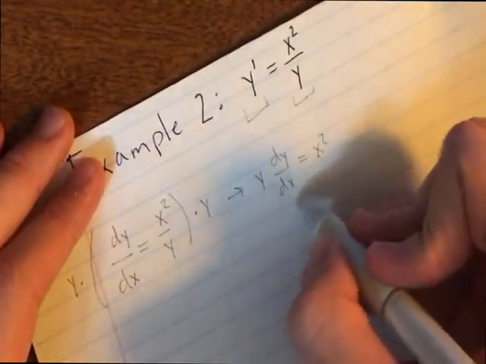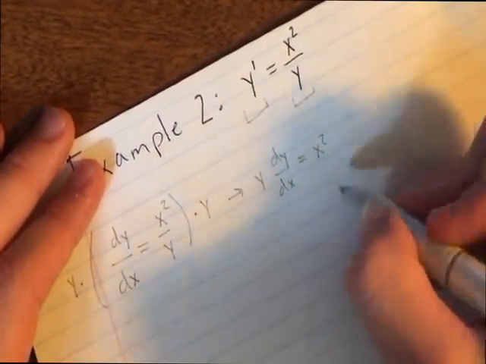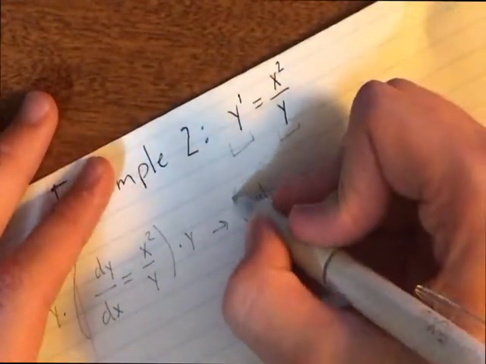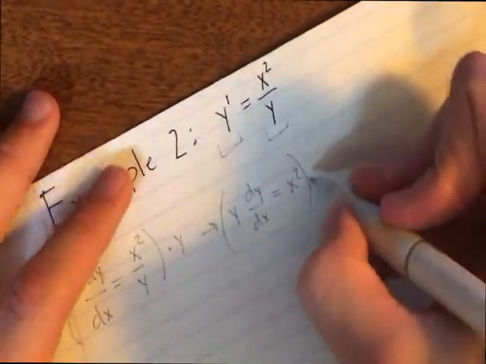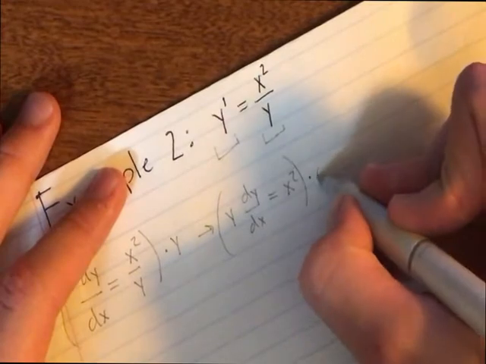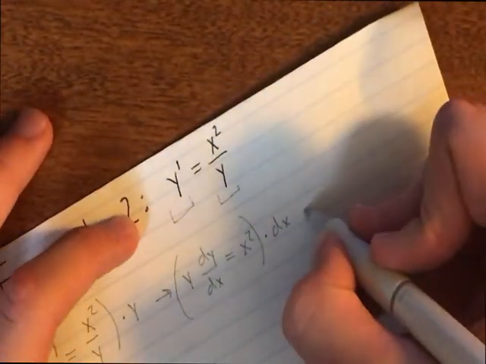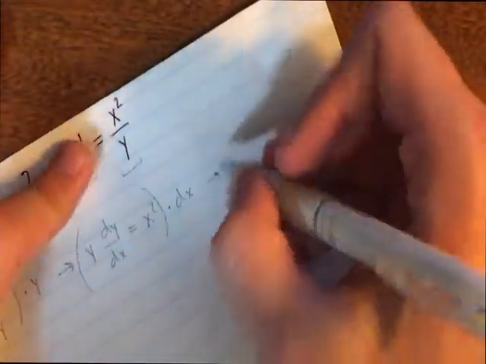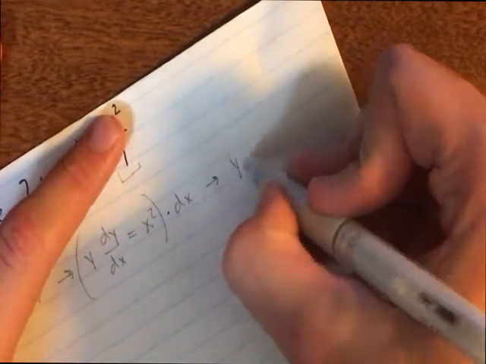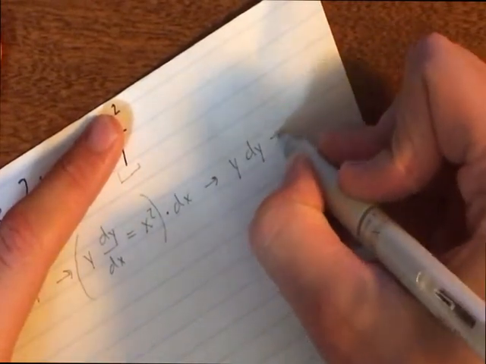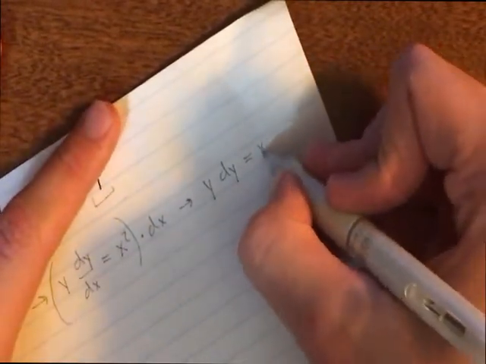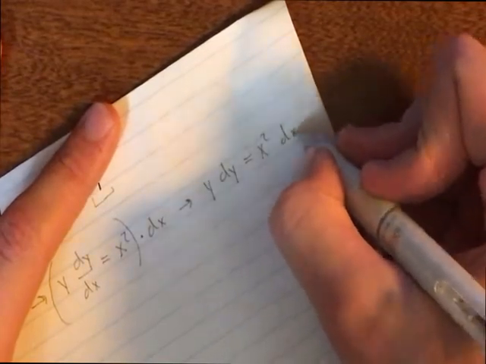Now we've got to get this dx over here to the right side, so we're going to multiply by dx, and this will give us our separated equation, y dy equals x squared dx.